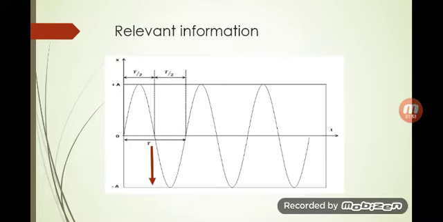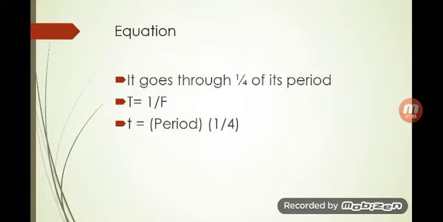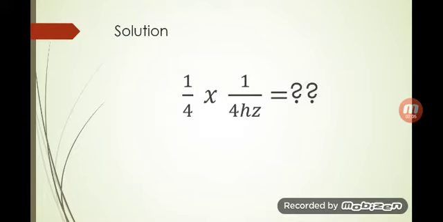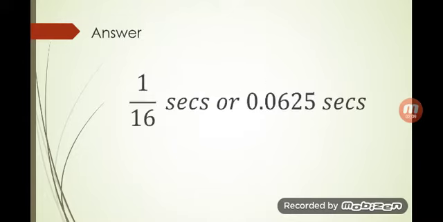Now we have to find T. Since it goes 1/4 of a period, and a period is 1 over f, all you have to do is multiply the period by 1 over 4. That gives us 1 over 4 times 1 over 4 hertz, which is 1 over 16, or 0.0625 seconds. I chose this problem first because not only is it easy, but it gives us a clear view of what periodic motion is.